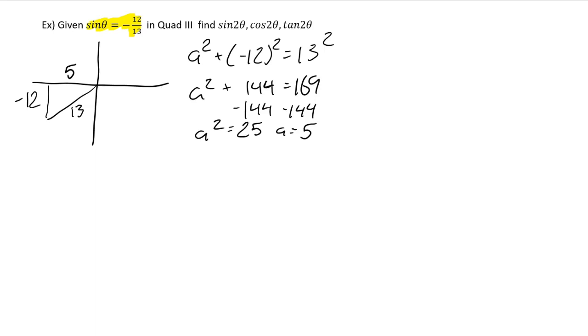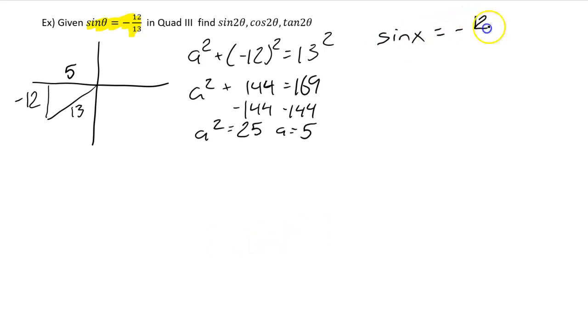So we know we're going to use sine and cosine. So let's go ahead and figure out what those values are. I know sine of x, what they gave us, is negative 12 over 13. We just found cosine, which, since we came up with 5, would be 5 over 13.